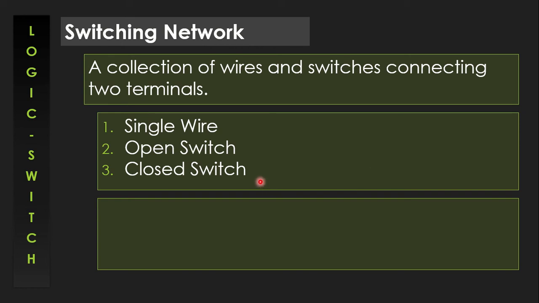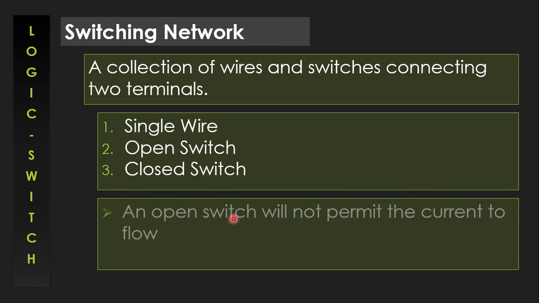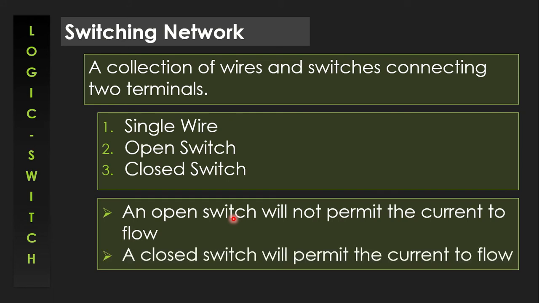When it's closed, it means we allow the current to flow through the switch. Again, open is off, closed is on. Open means we don't allow the current to flow, closed means we allow the current to flow in the switch. So these are the definitions.